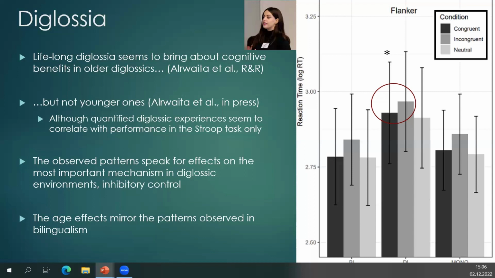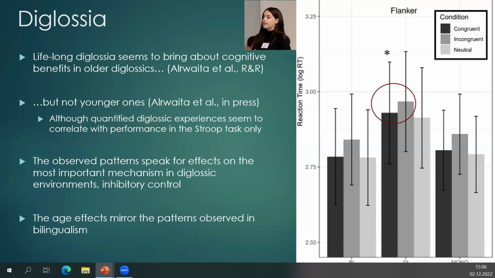So we gave them a few tasks. We found effects in the flanker task only for the older diglossics when compared to monolinguals, right? So young diglossics did not show any benefits or improved performance in any of the tasks that we gave them.